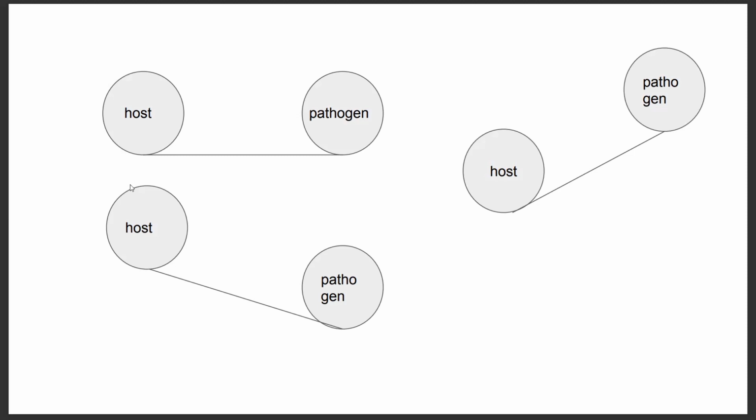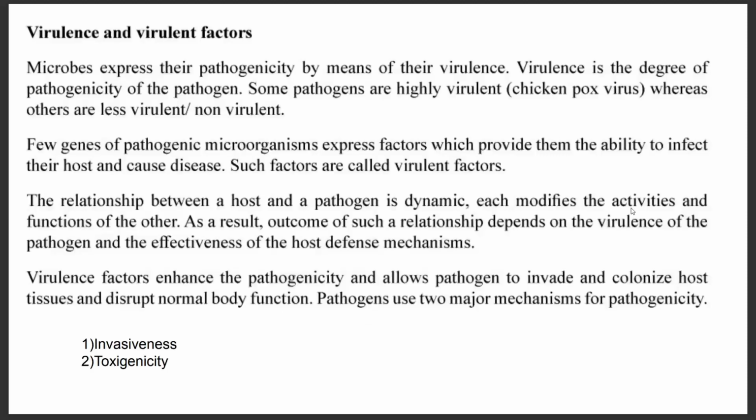But for example, if we take COVID-19, the pathogenicity of the pathogen is very high and the host defense mechanism is very weak. So the pathogen can cause the disease. Okay, so that is why it is called dynamic. Each modifies the activities and functions of the other.